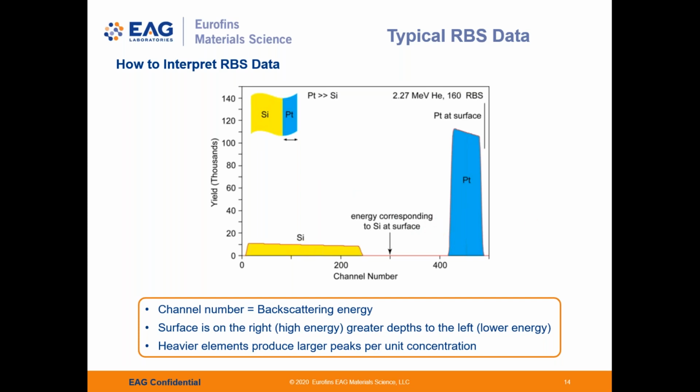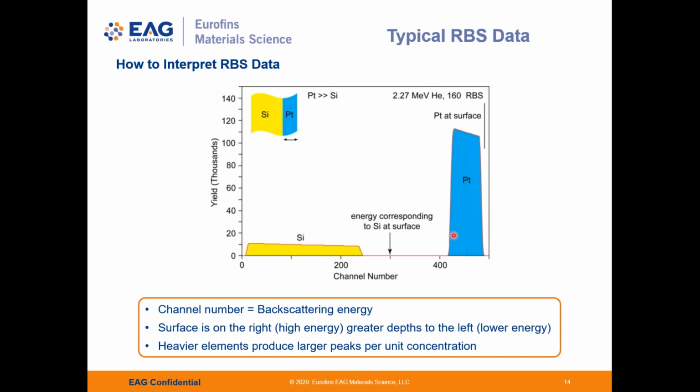Now, only a thin layer of platinum atoms are at the surface. The rest of the platinum and all of the silicon are buried at depth. Those surface platinum atoms are here at the highest backscattered energy. As the ion beam penetrates the sample, the ions encounter and bounce off more atoms at depth with progressively lowered backscattered energy.